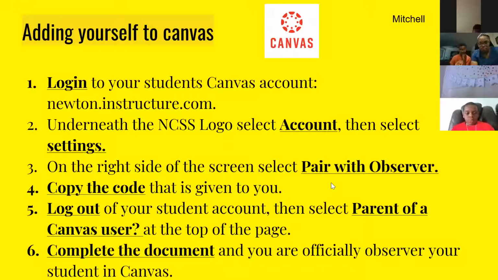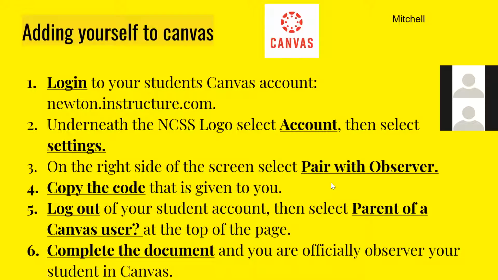Number 5, log out of your student account, then select Parent as a Canvas user at the top of the page. Number 6, complete the document and you are officially observing your student in Canvas. And all of these directions can be found on your Getting Started sheet, which was in your brown bag that you picked up from the school if you are learning virtually.